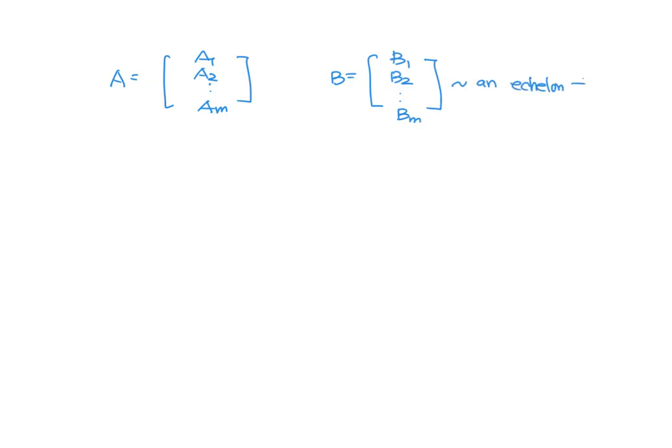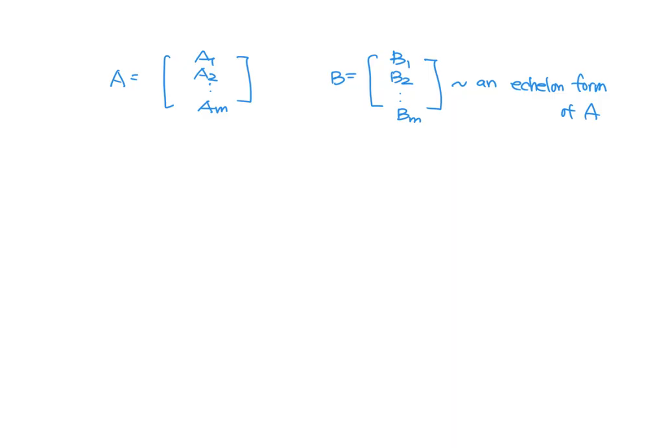So, if A consists of, say, row vectors A1, A2, up to Am, and B consists of B1, B2, up to Bm, and suppose that this B is an echelon form of the A matrix, then that means B1 is obtained from these m rows of A matrix by some row operation, right?